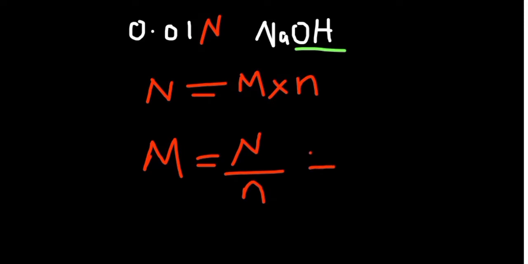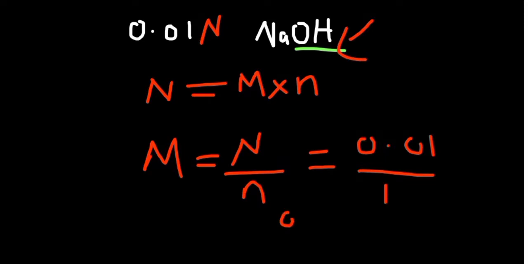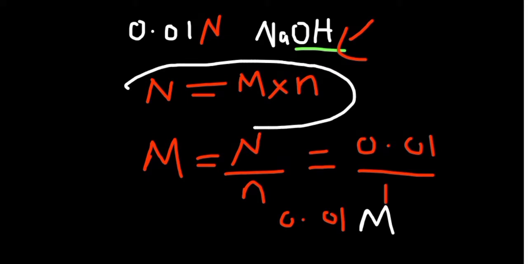In this case it will be 0.01 divided by how many hydroxide ions we have in this base. It's only 1, so the concentration will be 0.01 molar. That's the way to go about it. All you have to know is this formula, and depending on what they ask you to determine, you'll be able to use it.